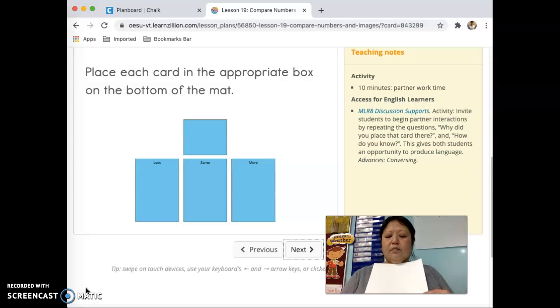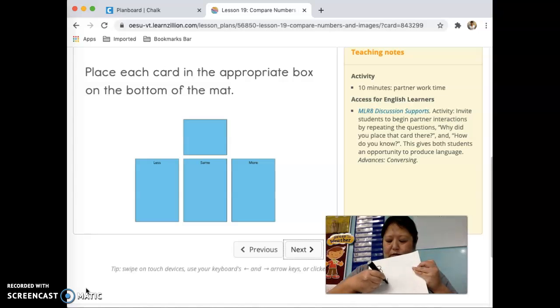So let's say I picked the number 3. One way to represent the number 3 would be to actually write the number.